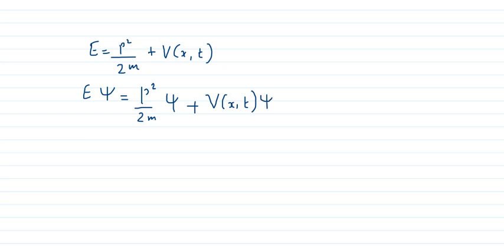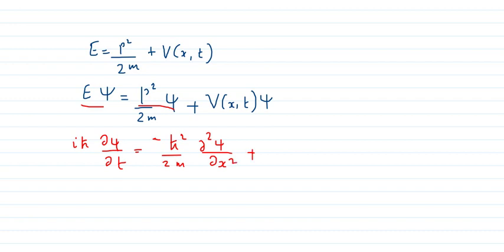And now we have values for E psi and p square psi. So substituting the values, you will obtain i h cut dou psi by dou t is equal to minus h cut square by 2m dou square psi by dou x square plus V psi.